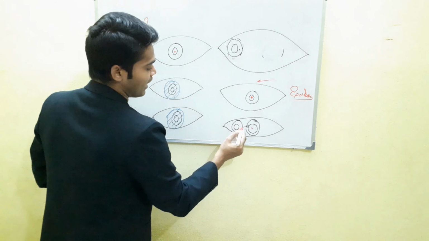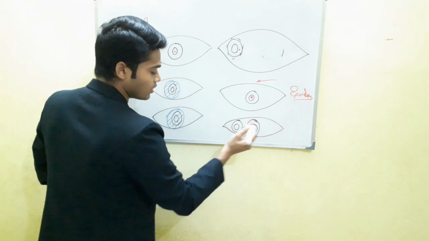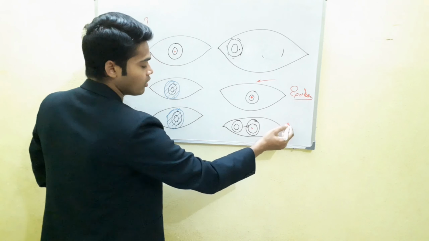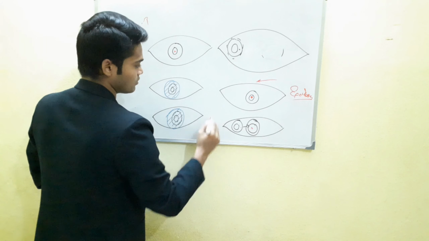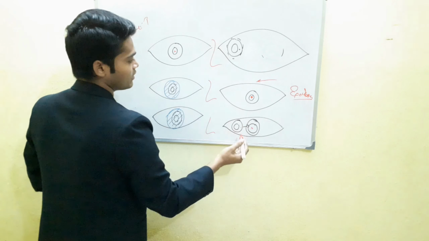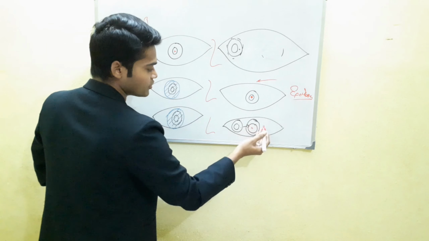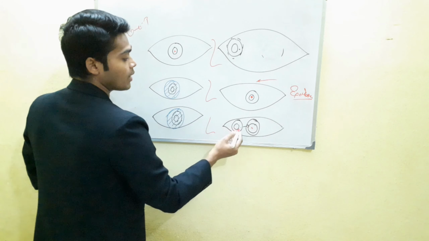We get the eye shifting toward the temporal or lateral side. Suppose this is the nasal side, then the eye swiftly shifts in the outward direction, meaning the opposite direction.